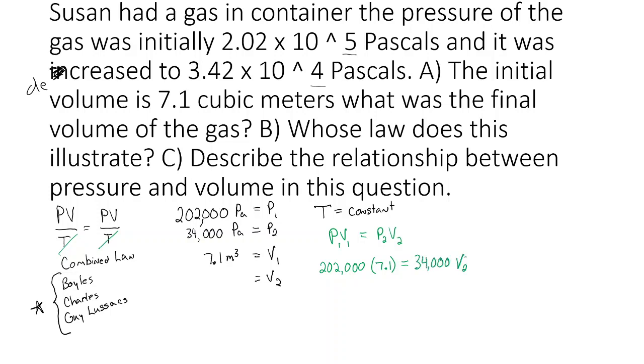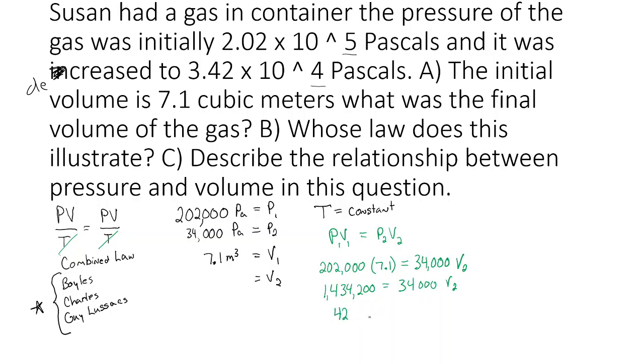So we take 202,000 and multiply by 7.1, and I get 1,434,200 equals 34K times V2. So we divide by 34,000, and we get 42.